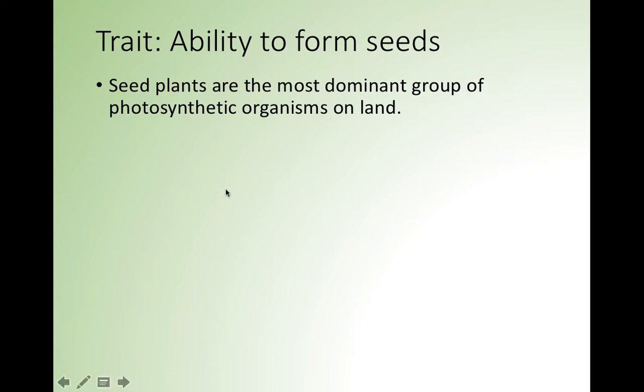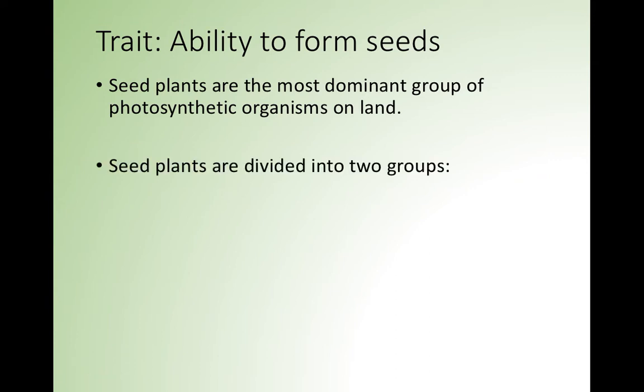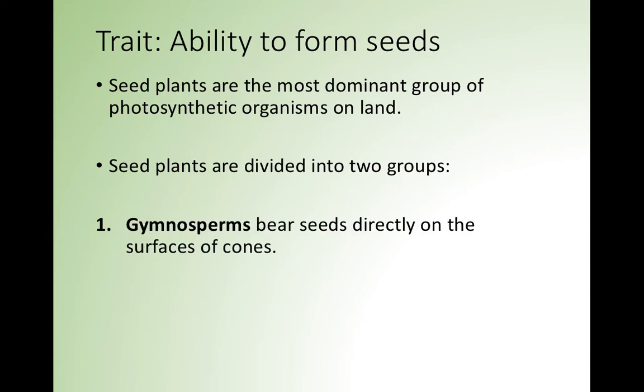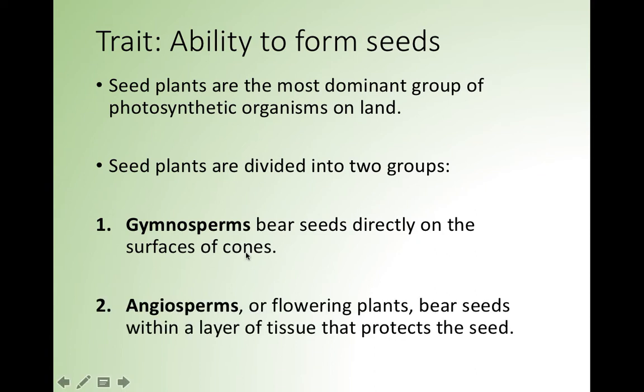This is the most dominant group of plants, and there are actually two smaller groups found within this seed-bearing branch, and you saw it even on the previous slide. The first kind of branch are gymnosperms. So these are plants that bear seeds directly on the surface of cones. We'll talk about what cones are. And you have angiosperms, also known as flowering plants, and they make their seeds within a layer of tissue that acts as protection. Okay, so we'll kind of use this as our guide.